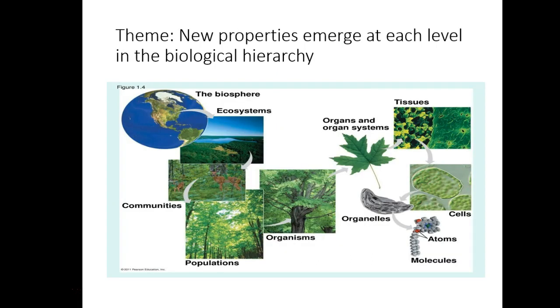As I said, we have these overarching themes in biology that we keep going back to. The first theme is that new properties emerge at each level in the biological system, in the level of complexity. If we start at the biosphere and work back into molecules, we can simplify the emergence, but it's easier to start with molecules and atoms and work into organelles and then cells.